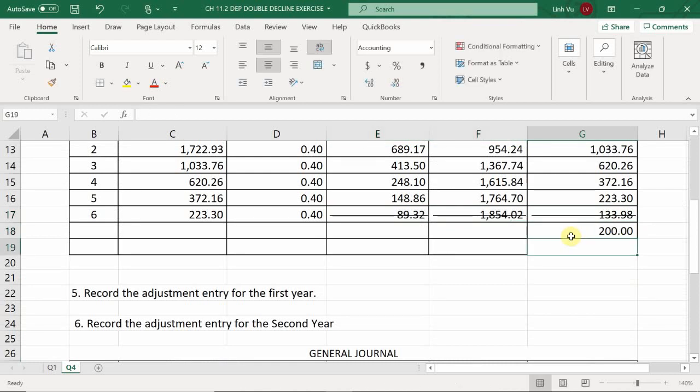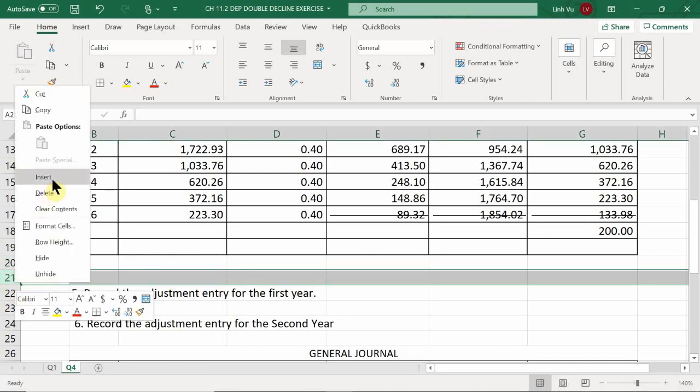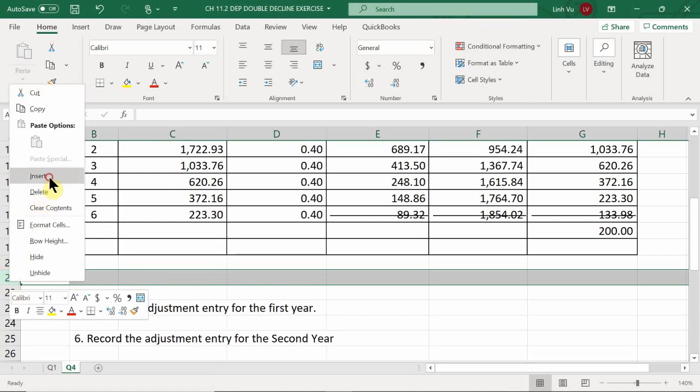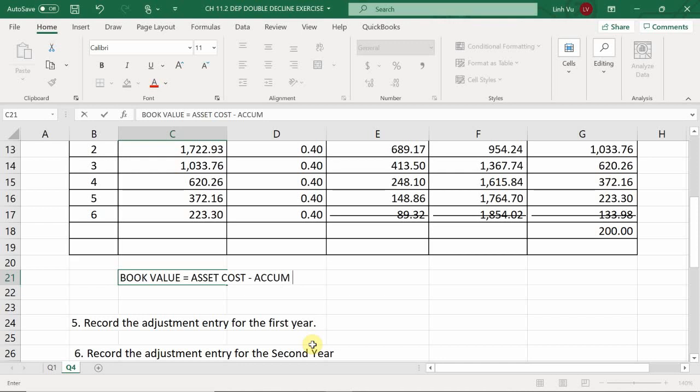If you remember the whole A plus B is equal to C concept, the formula for book value is equal to your asset cost minus accumulated depreciation.